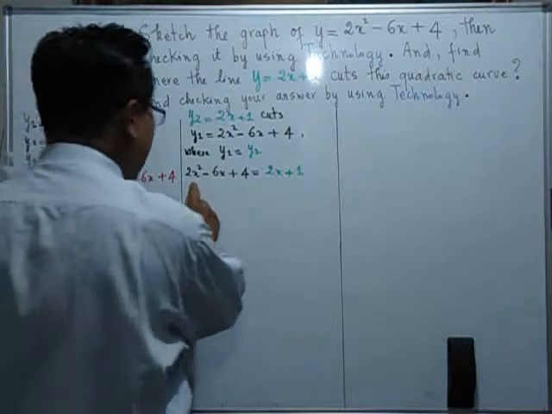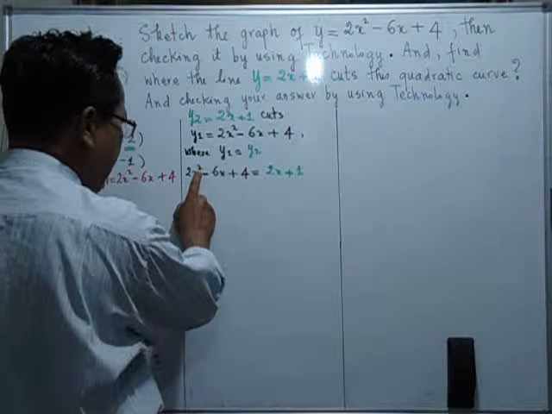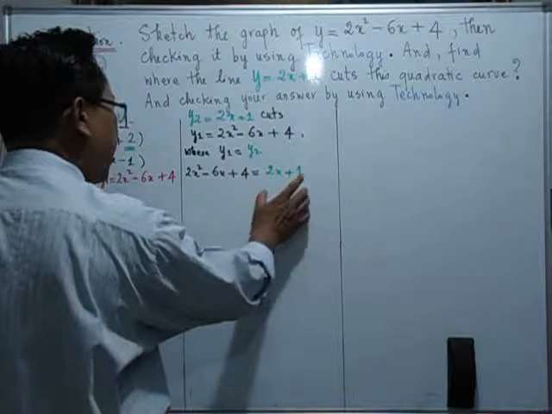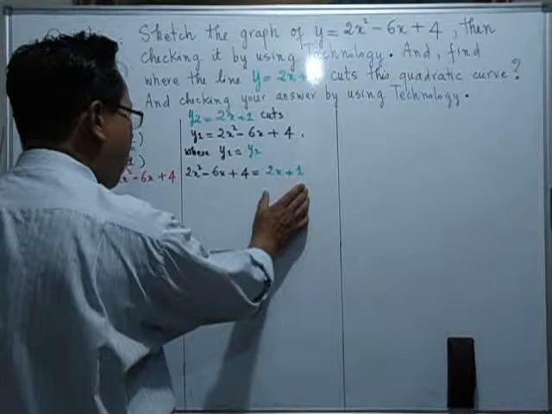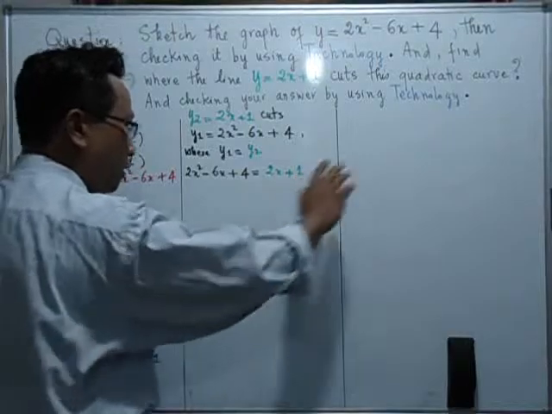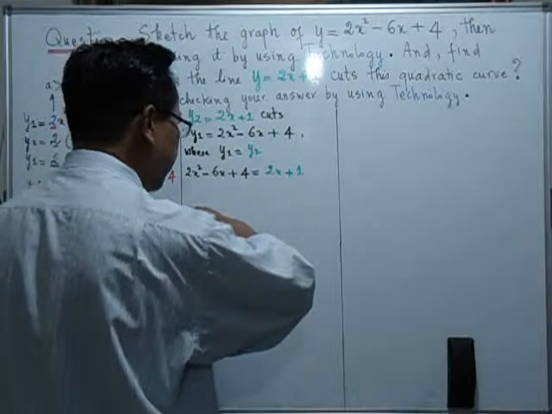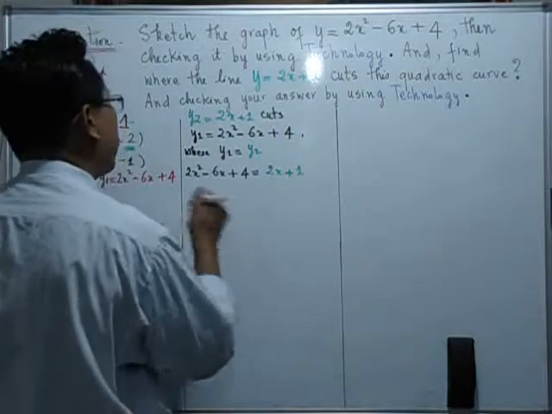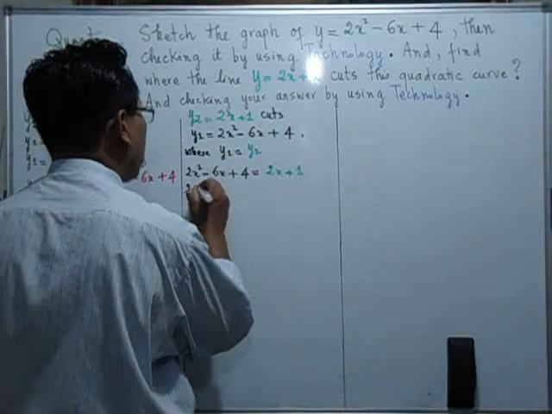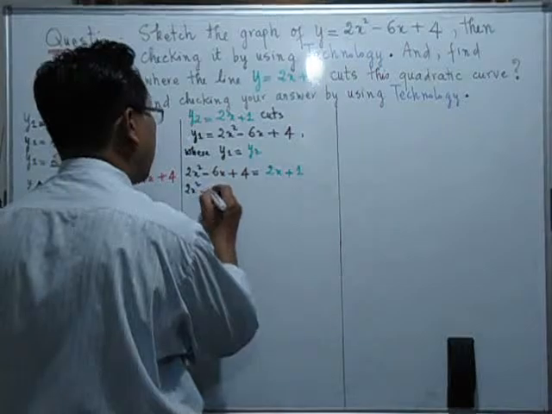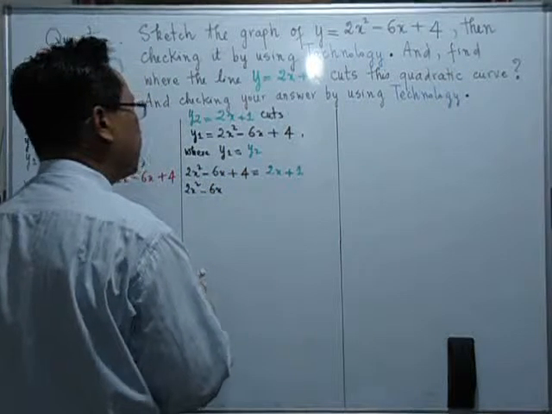Because on the left hand side the degree of x is higher than the right hand side, we have to move everything on the right hand side to the left hand side. So we have 2x power 2 minus 6x.